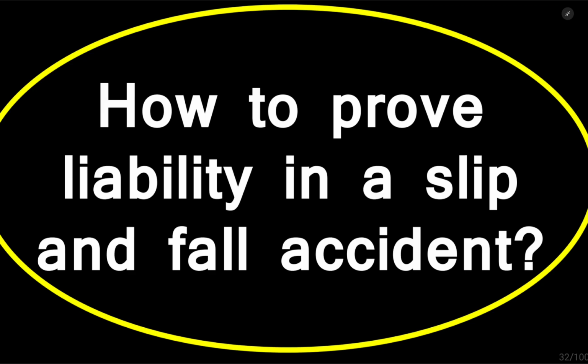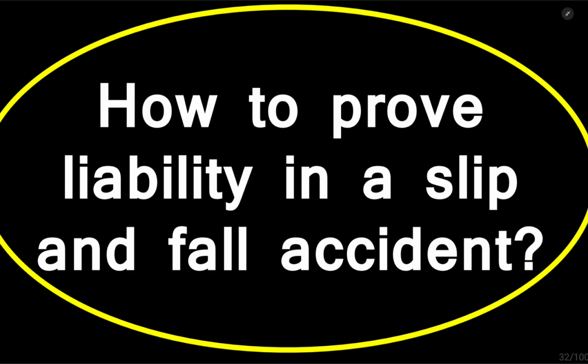Liability refers to the legal responsibility of a property owner for the accidents and injuries that occur on their property. Emphasize that proving liability in a slip and fall case is essential for a successful claim and can be complex, but with the right steps, it's manageable.